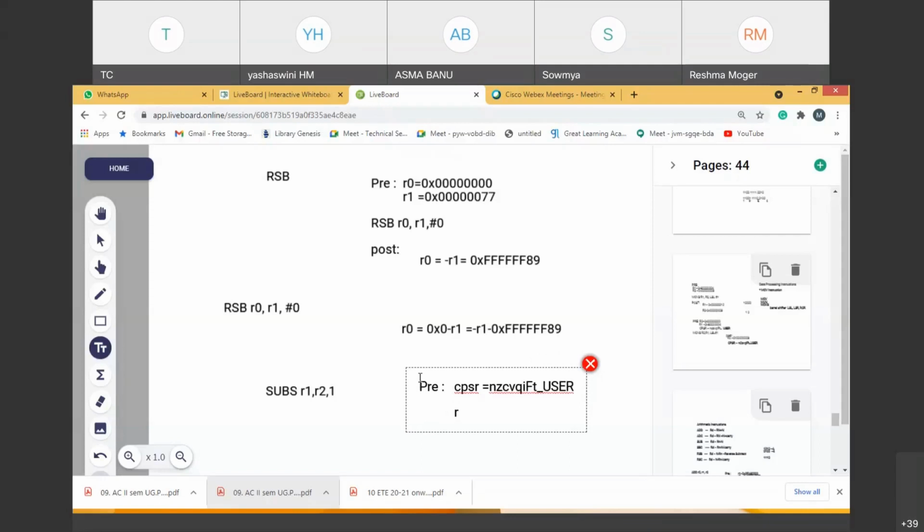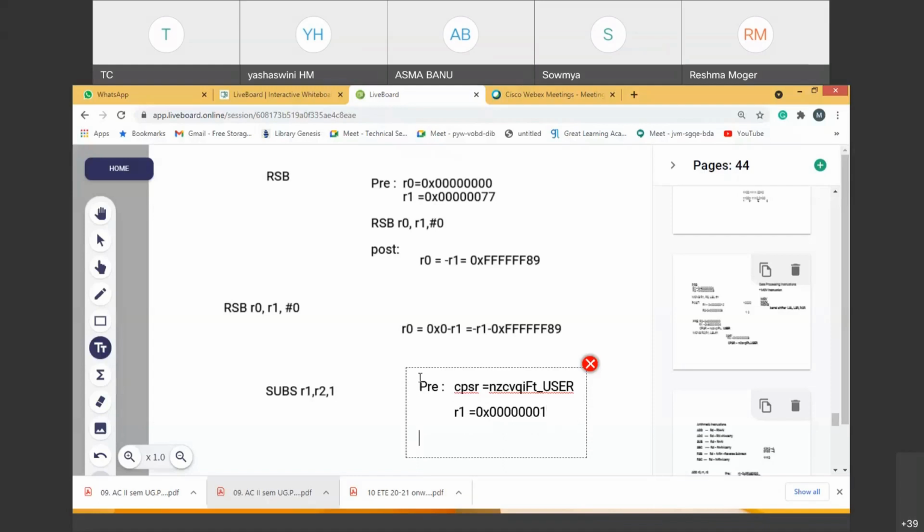Then I'll write R1. What is the content of R1? R1 is equal to 0x00000001, four zeros followed by 01. I'll take only 1 as the data in R1. Now you show me the state after the operation.